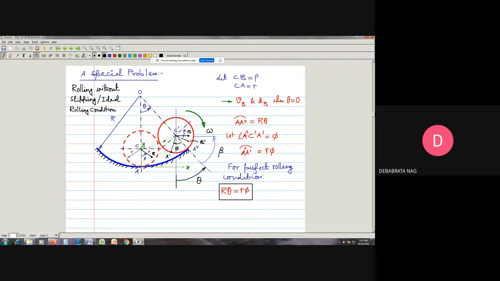So what we notice from here is the net change in the orientation of the body. The line CA, which is the radius of course, is the angle this radius is making with respect to the reference line.